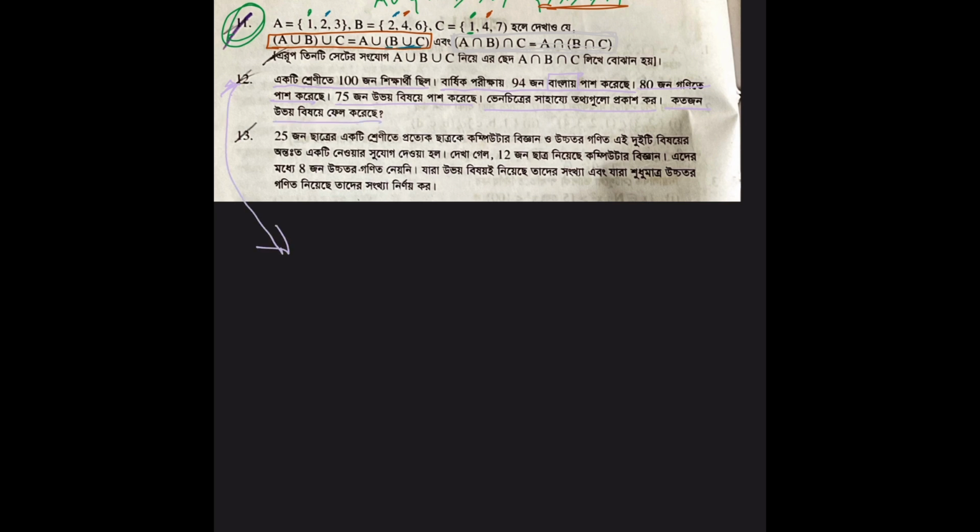The total number of students is represented with this rectangle, which also represents the universal set. The universal set is the total number of elements, so this is 100.